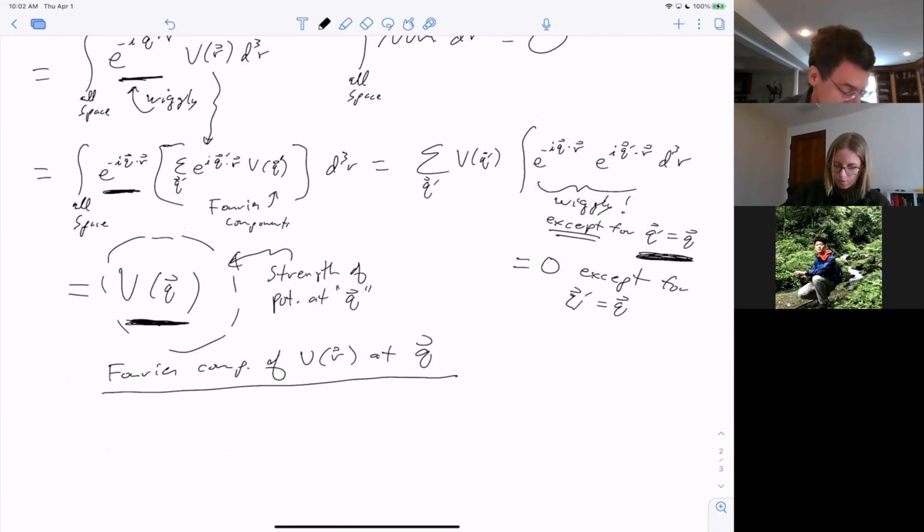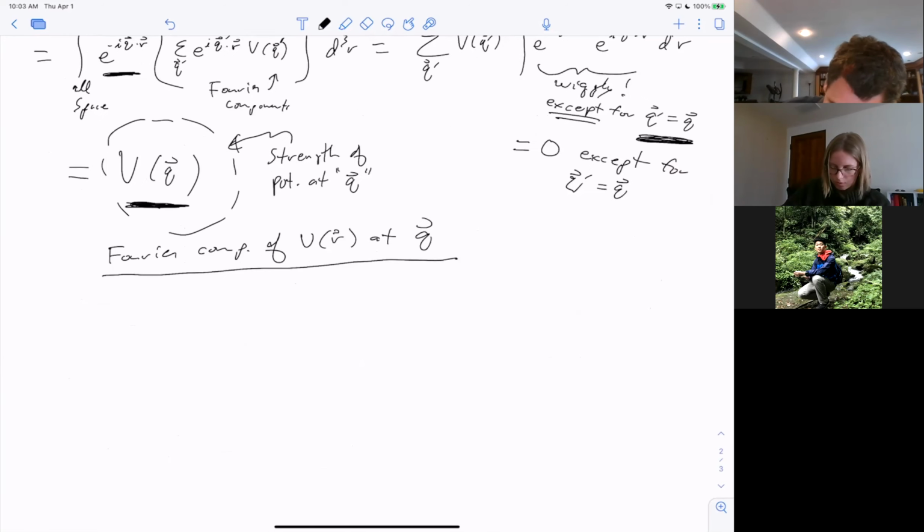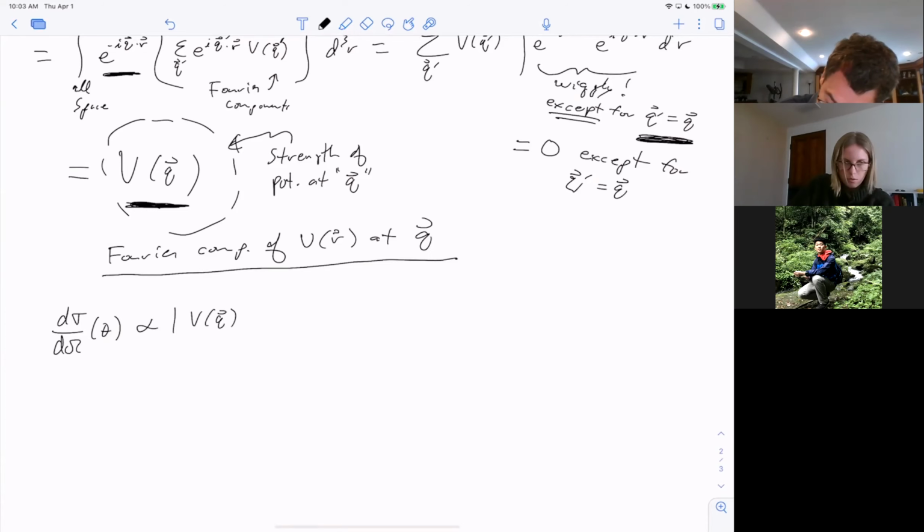So hopefully that made some sense, or if not, think about it. Okay, so then we see that we get this very simple thing: the differential cross-section in the Born approximation, which tells us the probability to scatter into some angle, is simply proportional to the Fourier component of V of Q, squared.